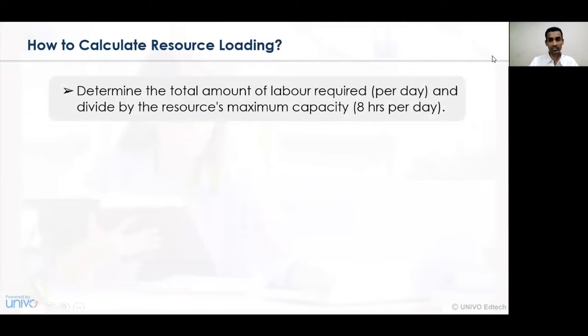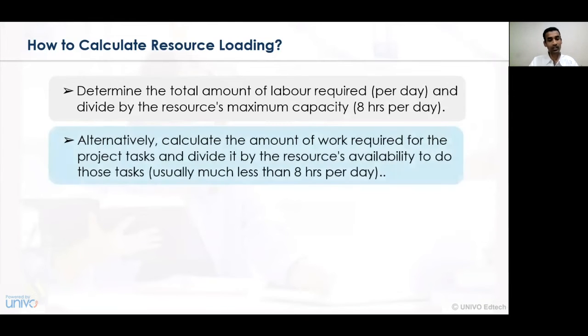In order to calculate the resource loading, one has to understand the total amount of labor required for a particular day. In a particular day, a laborer is expected to work for at least 8 hours. The maximum capacity of an individual to work is 8 hours, and the number of labors available in the organization has to be multiplied by the 8 hours of every individual working in the organization.